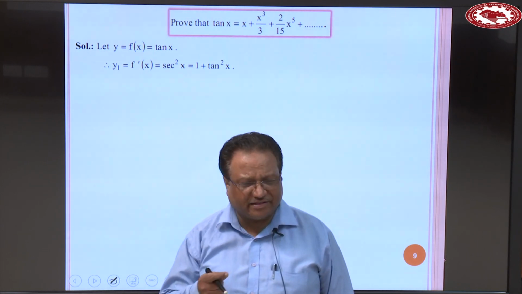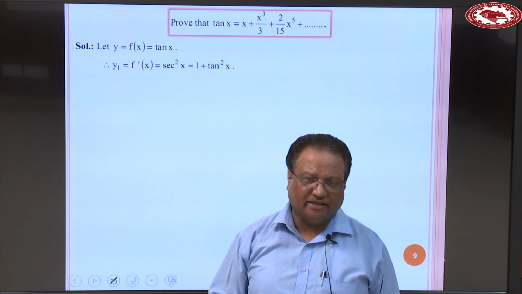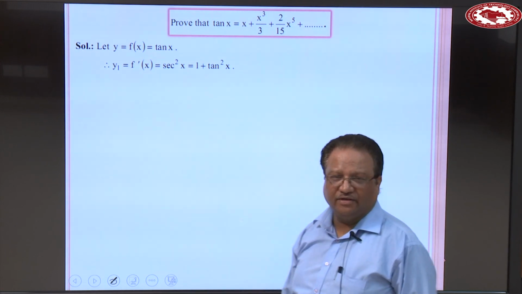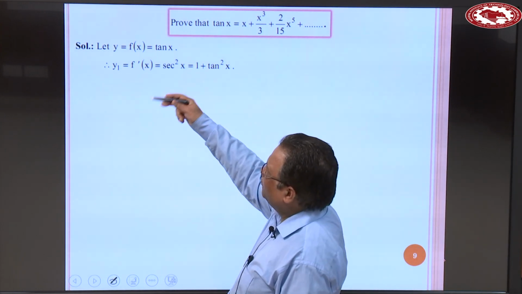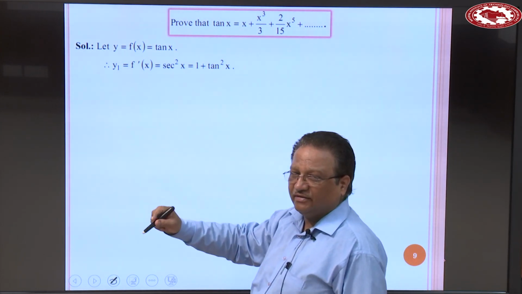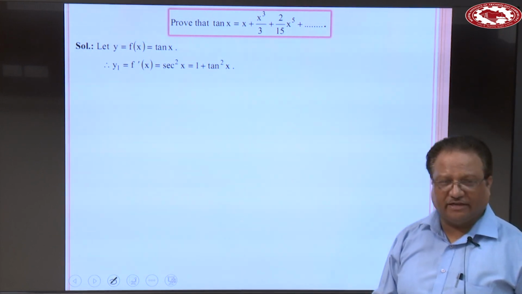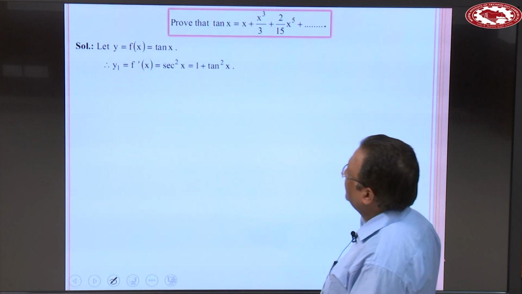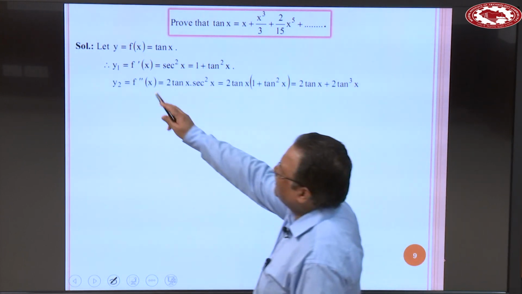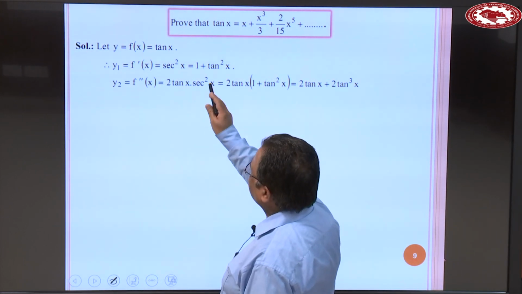Reason is when we substitute x is equal to 0, then tan 0 is 0. So when you calculate y1, y2, y3 at x is equal to 0, that can be calculated very easily. So replace secant square x by 1 plus tan square x. Similarly, f double dash x is 2 tan x secant square x.